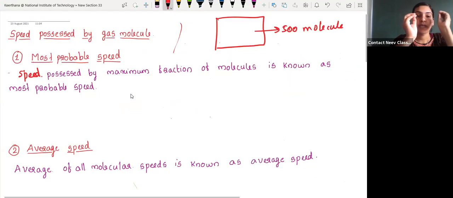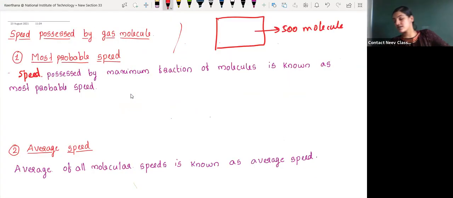So it is the speed which has maximum probability of finding, or speed possessed by maximum fraction of molecules.